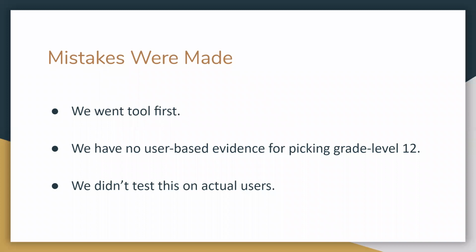You heard me outline my reasons for picking grade level 12 years of education to understand this content. But there's no evidence or research based on that. That was just the mean, the middle of where the content is, and we certainly know we want to bring it down.